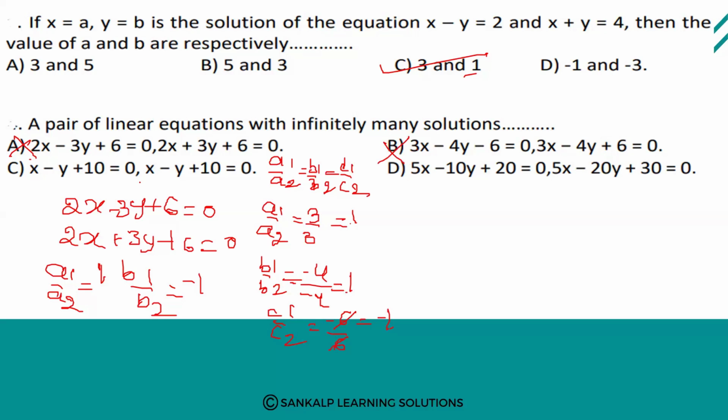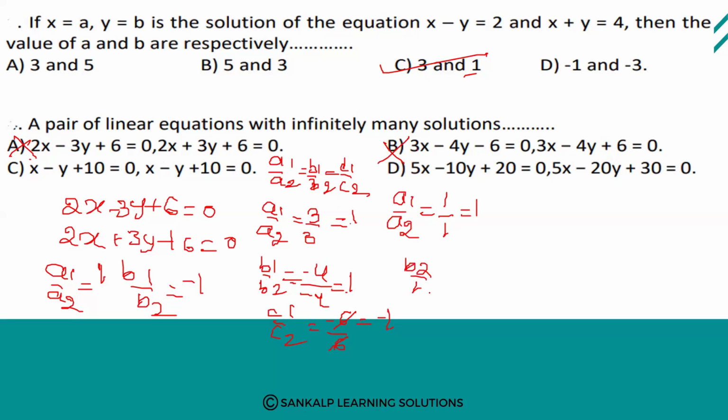x minus y plus 10, x minus y plus 10. Looking at the equations only, I can tell that these two equations have coincident lines. Why? Because all the ratios are equal here. A1 value is 1 and A2 value is also 1, so 1.